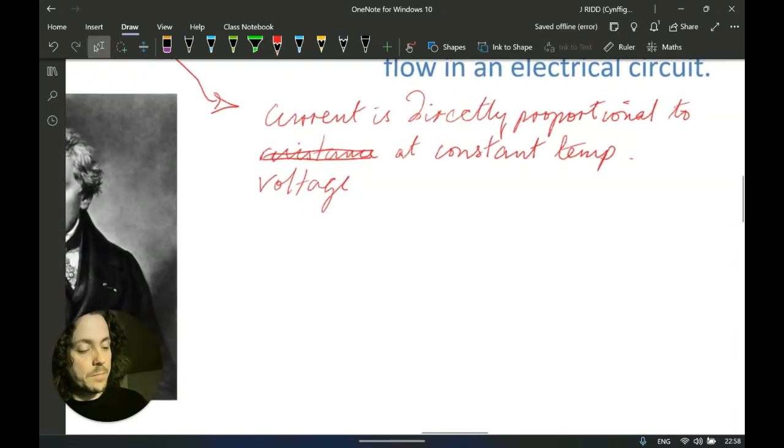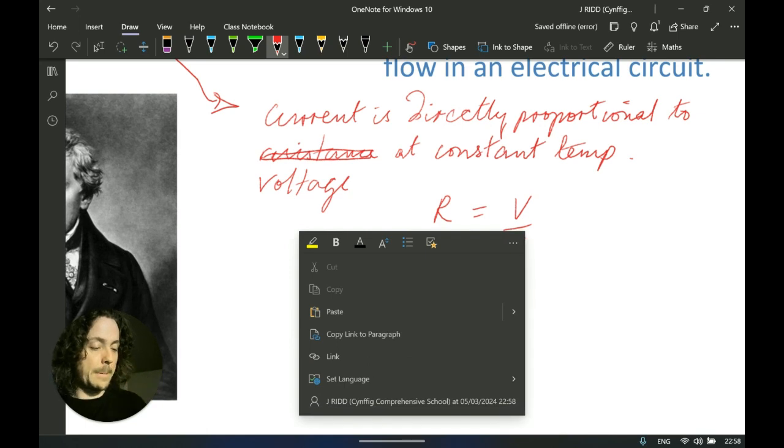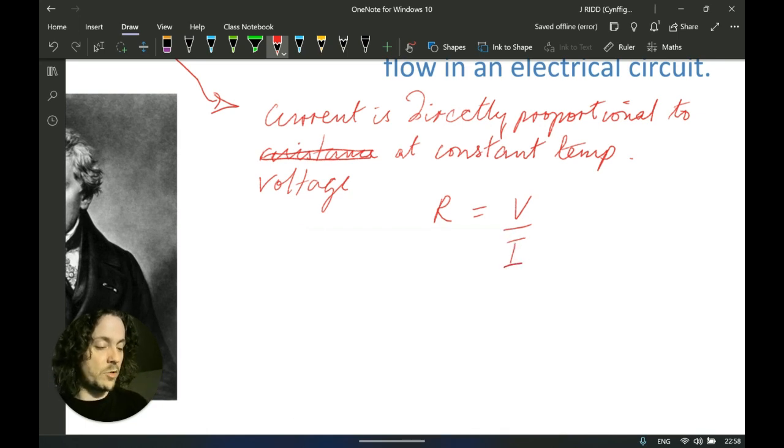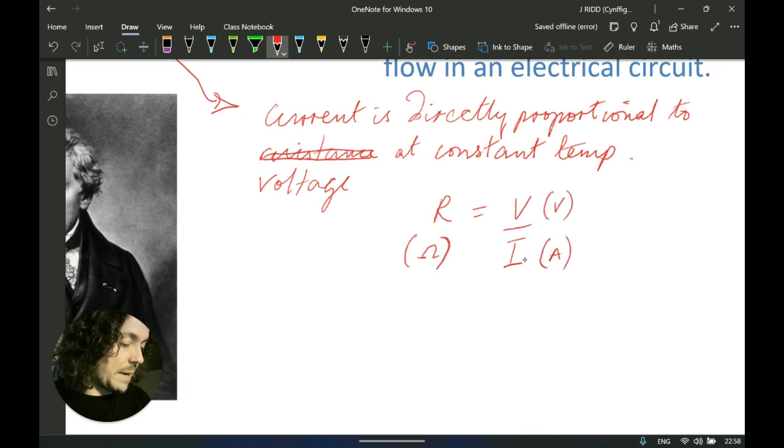Now, we can write this as Ohm's law, R is equal to V over I. You might have seen it as V equals IR, that's fine. Resistance is measured in ohms, voltage in volts, current in amps.